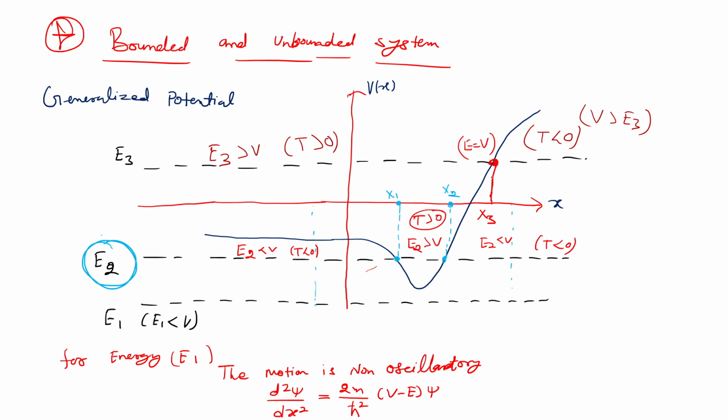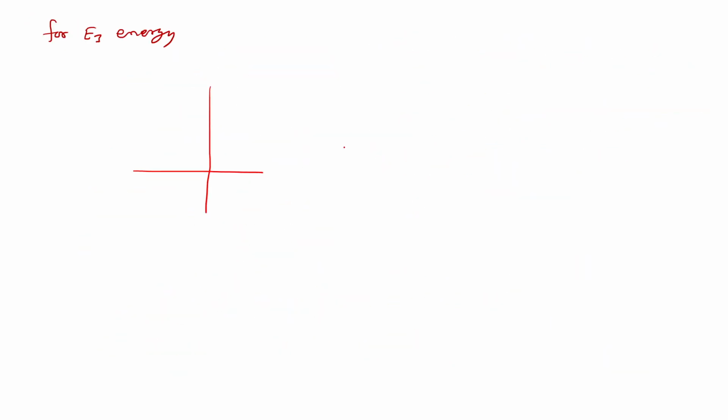x3 is a turning point. So before that, the wave function will be of what nature? Oscillatory, with positive kinetic energy; here, negative kinetic energy, it will decay. So the wave function nature for this particular energy E3 is oscillatory before x3, and after the x3 point you have simply exponential decay.